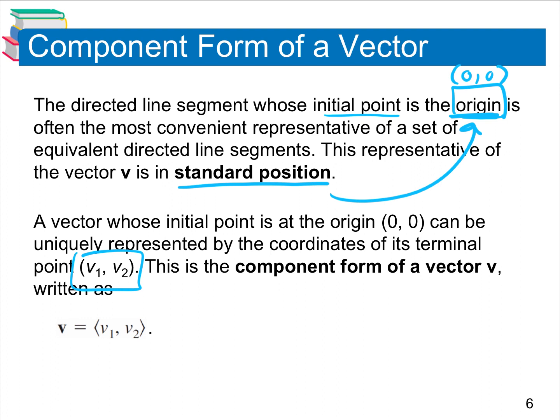So that's the terminal point. So if we go back to the last slide, I had a vector started at the origin and ended here, let's say. What was the point? 3, 2? On the last one for vector u? So this vector, the point, this would be our v1 and this would be our v2.